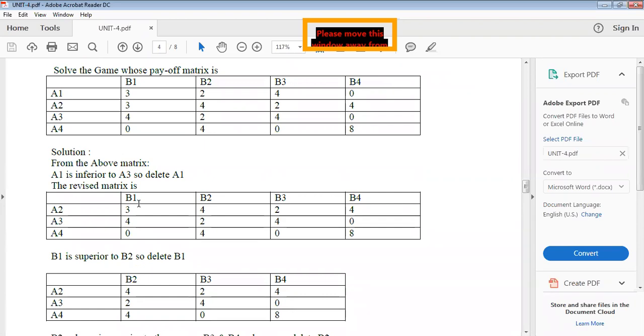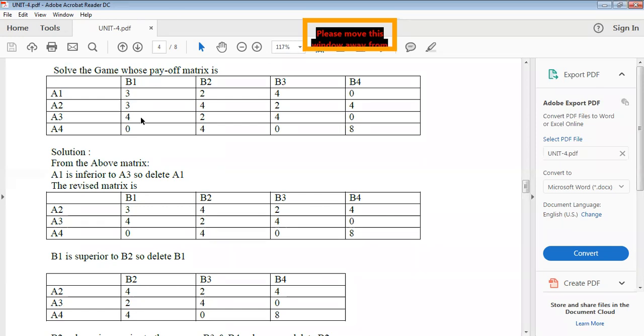From the above matrix, A1 is inferior to A3, and so delete A1. A1 is 3, 2, 4, 0, which is inferior to A3, 4, 2, 4, 0. So 3, 2, 4, 0 is less than or at least equal.